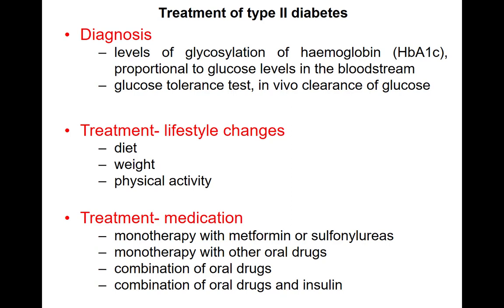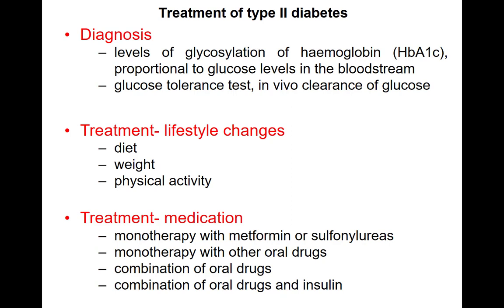If you measure the level of glycosylation of hemoglobin, that gives you indirectly a measure of how much glucose was present in the bloodstream over the last 60 days. And 60 days, that's because that's the rough half-life of a human red blood cell. So tracking the glycosylation level gives you a decent idea of glucose levels in that individual.